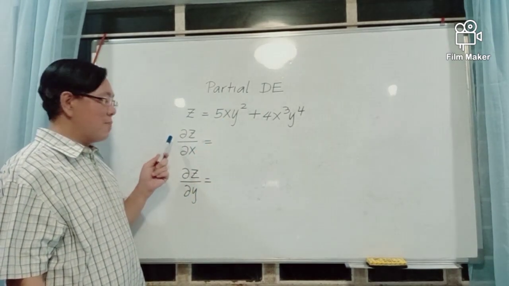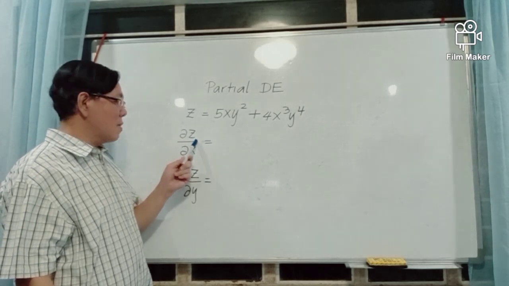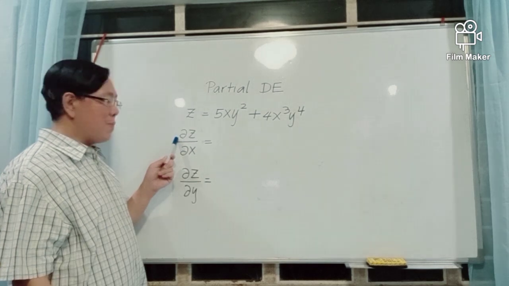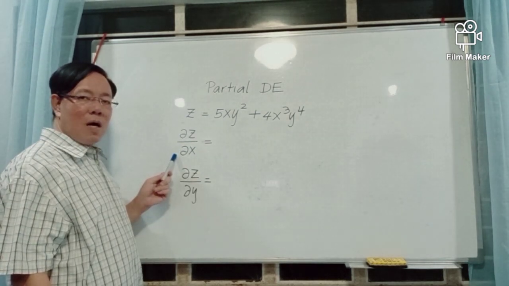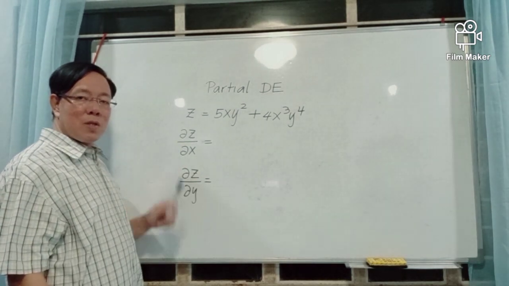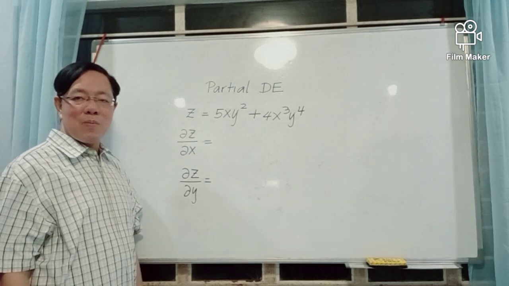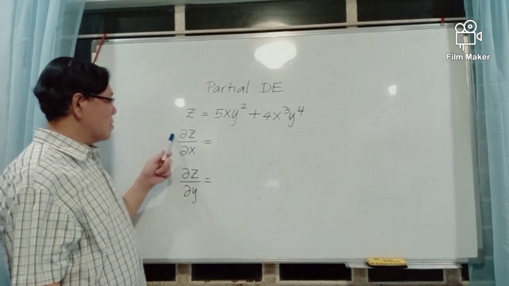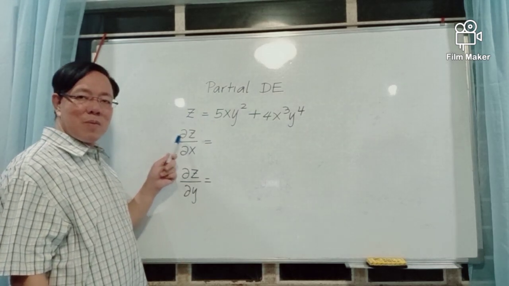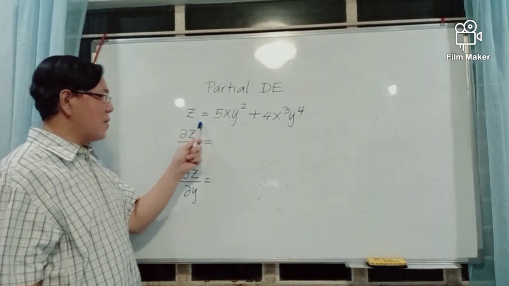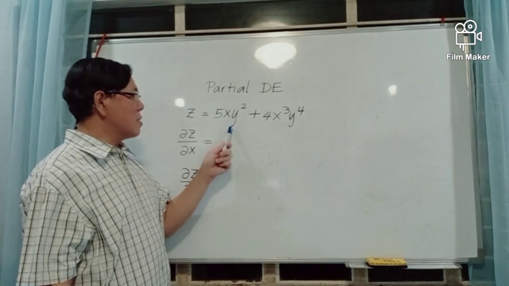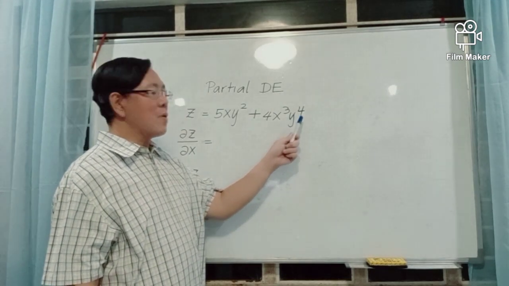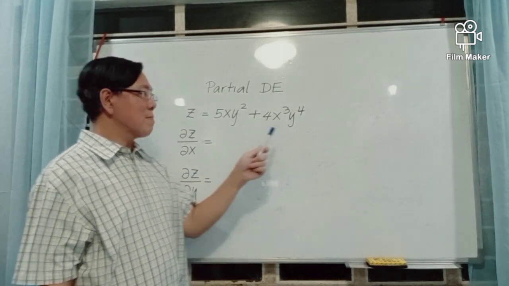First, we get the partial derivative of z with respect to x. This is the notation for partial derivative, as opposed to the notation for ordinary derivative where we use d. So when we get the partial derivative of z with respect to x from this equation, we consider y squared as a constant and y to the 4 as a constant.